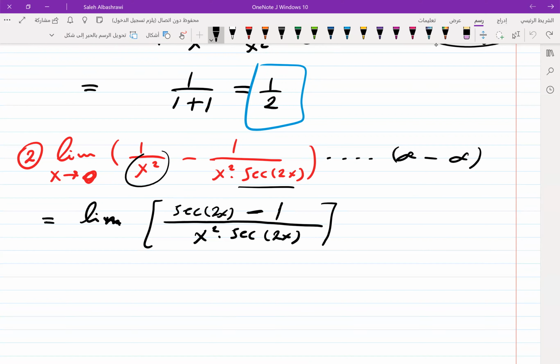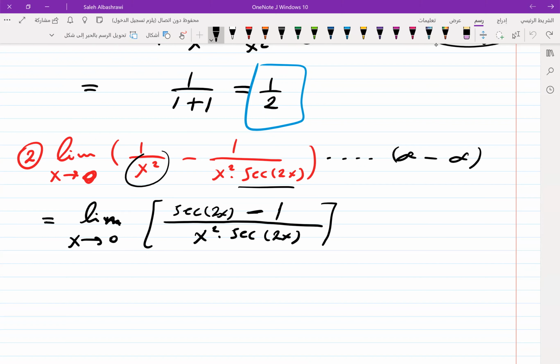We did nothing with that one, because I have in the denominator x squared multiplied by secant 2x. Only the first part we multiplied by secant of 2x. And we need to find the limit as x goes to 0.